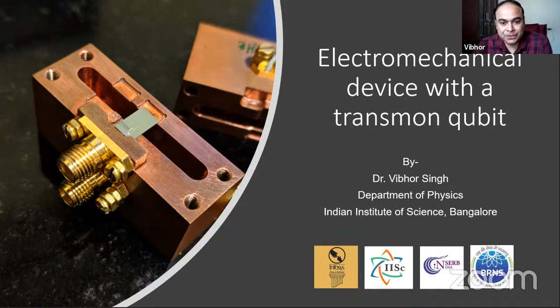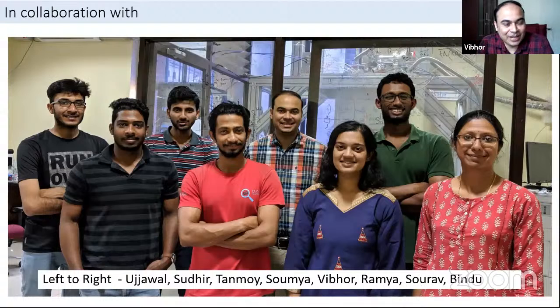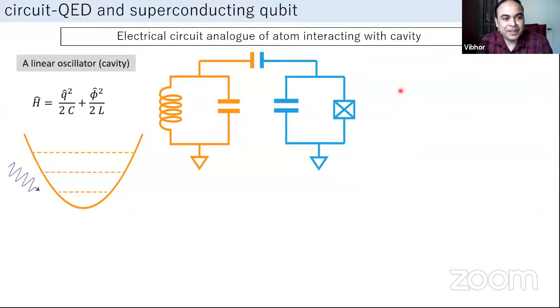Okay. So the work, of course, is done in collaboration with my PhD students and postdocs. The work today I'm going to present is largely led by Tanmay Bera and Saurav Majumdar.